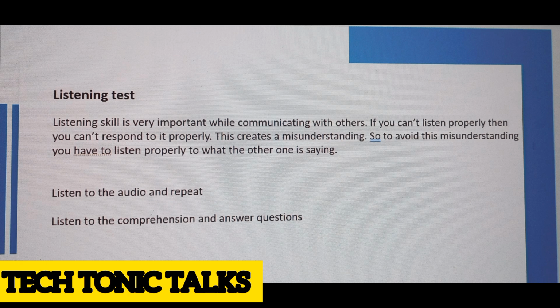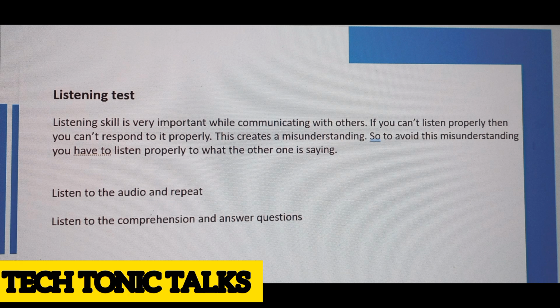Now when I say that this assessment is the most difficult one, why is it so? I would like to tell you. See, these communication assessments are going to be in American accent. We Indians normally speak British English, but here in the listening test the audio will be played.